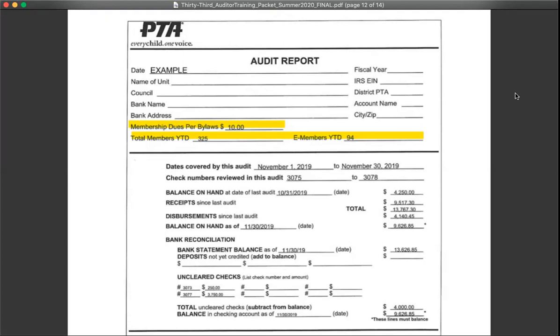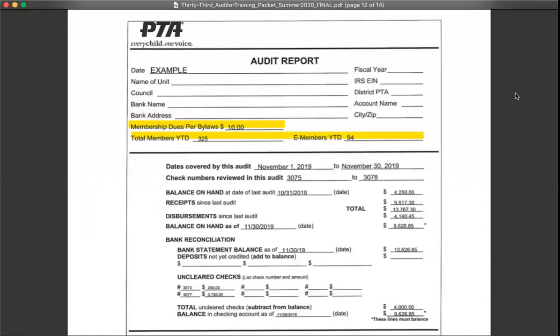Flora, can I just interrupt for a moment? I wanted to reiterate what State mentioned in their presentation about the IRS EIN. I know I have seen several units be very reticent about plugging in the IRS EIN number into the audit report, so they'll leave it blank.